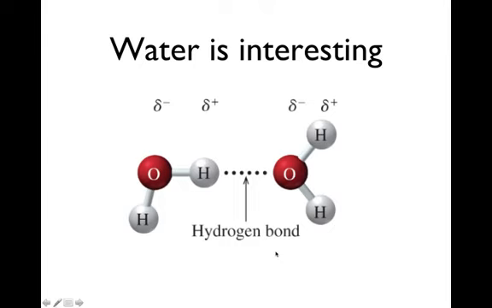We're not going to talk about them in excruciating detail in this course, but I do want you to know that hydrogen bonds are weak interactions caused between atoms that have partial electrical charges. And this is very often true with water molecules, because water molecules have partial positive and negative charges on their atoms.